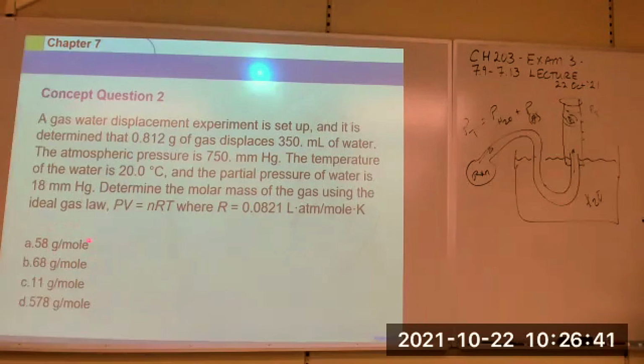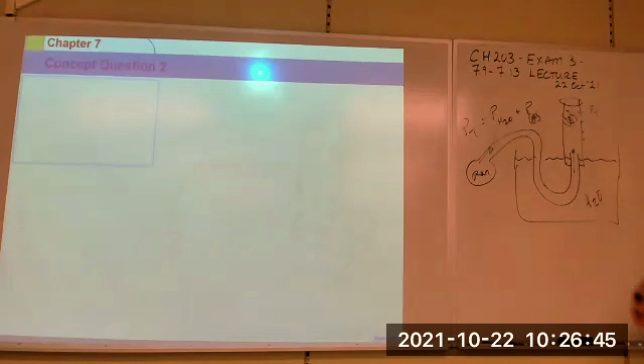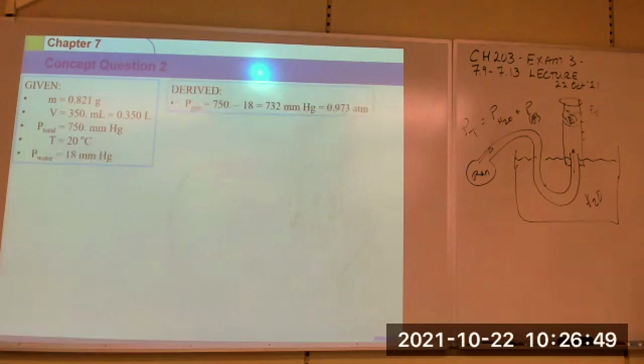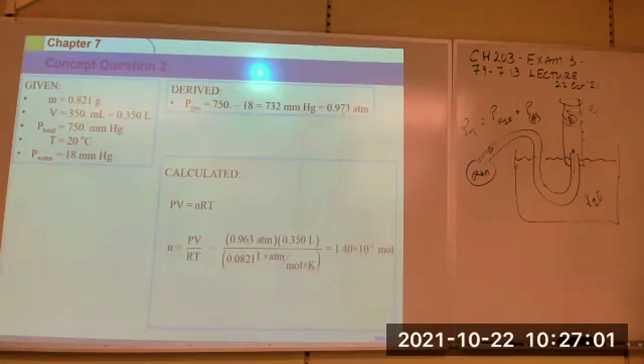There you go: mass per unit mole. If we do all those calculations, I'm going to do them right here on the board. There's the millimeters of mercury, and it has to be atmospheres to use our R value. Then we do a calculation that gives us the moles.